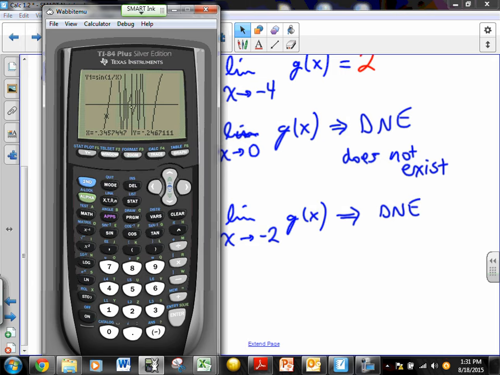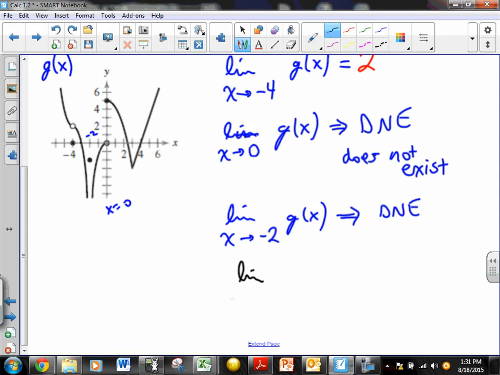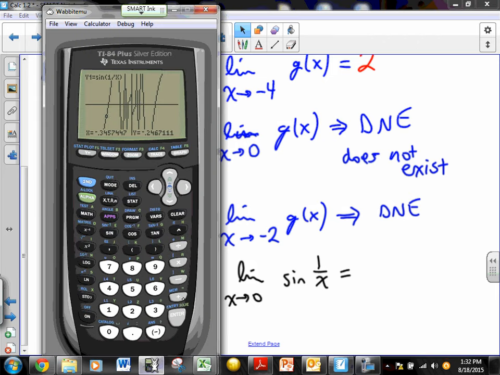As I move closer to 0, what I'm looking for here is the limit as x approaches 0 of sine of 1 over x. As I get closer to 0, I get a negative y value, then it becomes a positive y value, even though I'm getting closer to 0.